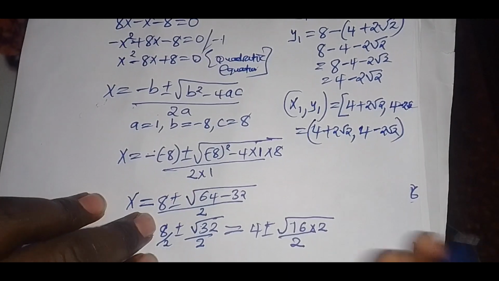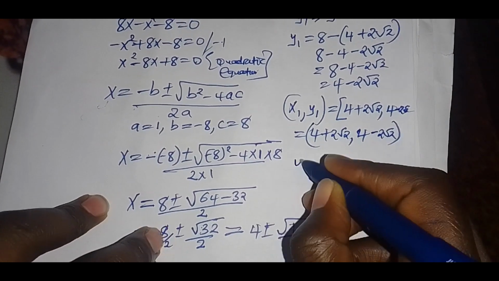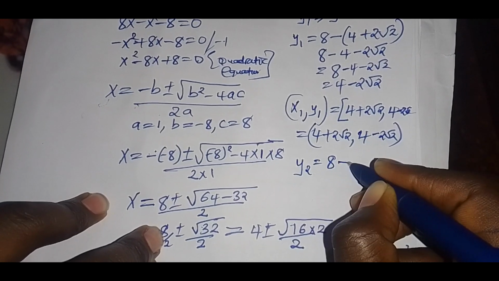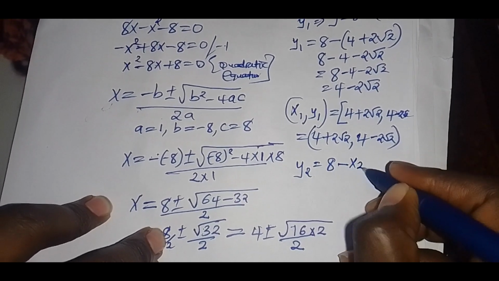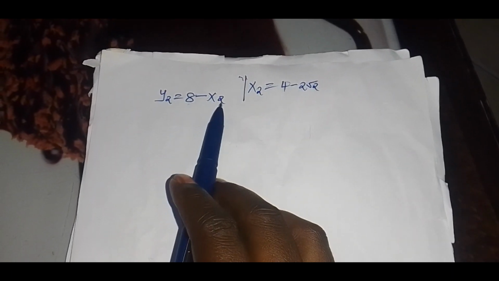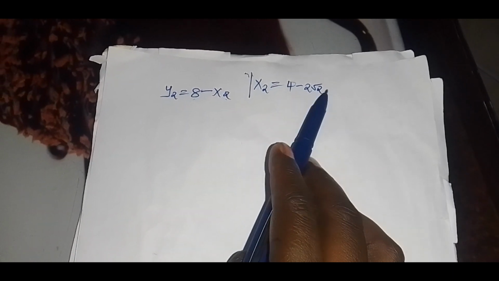Then we proceed to get y2. y2 will be given by 8 minus x2, given that x2 is 4 minus 2 root 2.